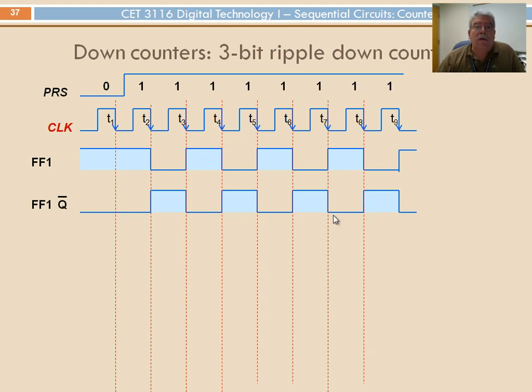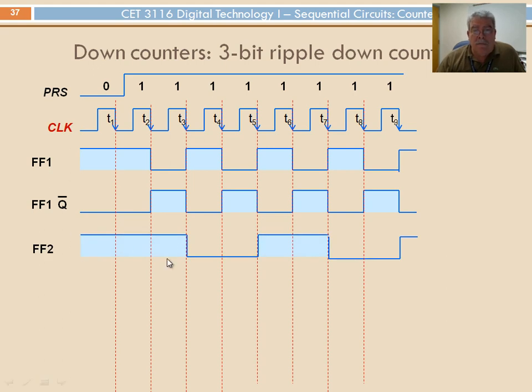This is going to be the clock for FF2. All these flip-flops start with a preset at 1, and every time the clock goes down, because it's a falling edge clock, here, here, here, and here, there will be a toggle, a change. So let's see flip-flop 2.